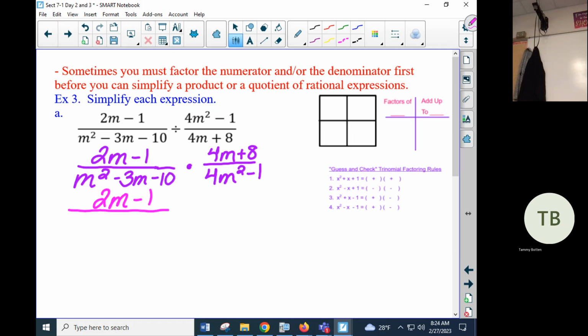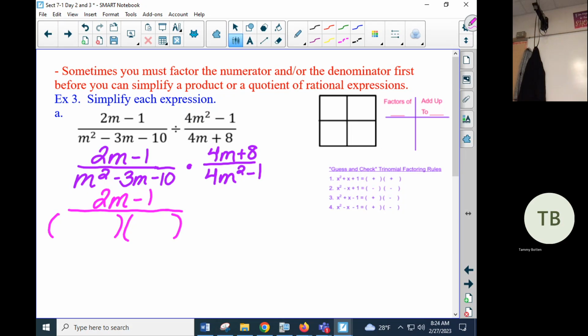Okay. Then when I go down to this one, that's one that I have to do trinomial factoring. And I think on your worksheet, I did not make the box and this for you. So if you still use those, that's absolutely fine. You'll just have to make them.